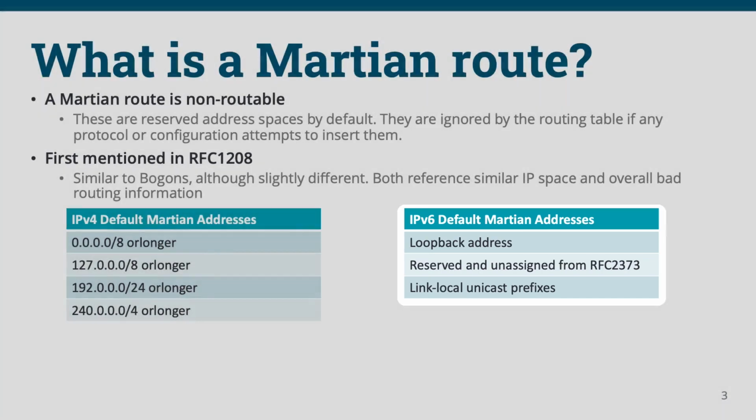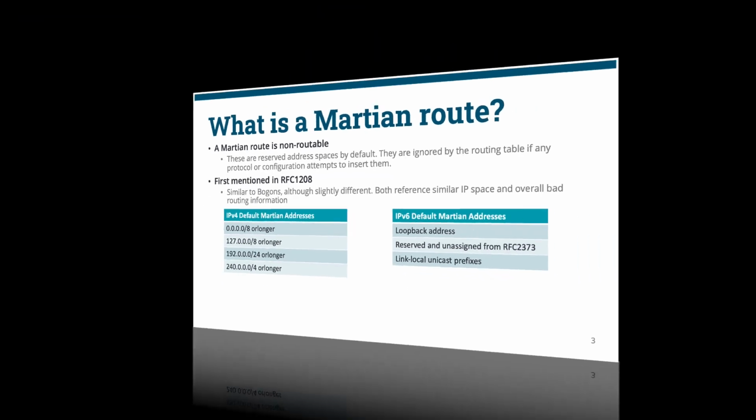So now that we know what a Martian address is, and the default IPv4 and IPv6 Martian address ranges, let's see how we can add or remove Martian addresses from the Junos configuration.